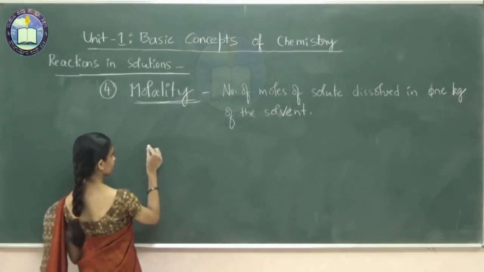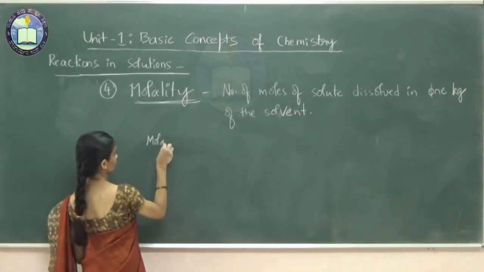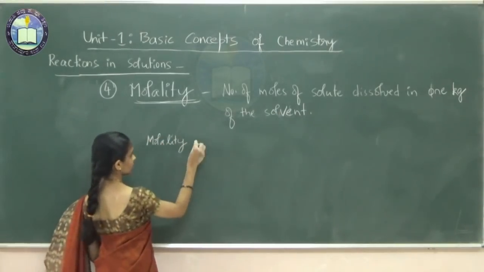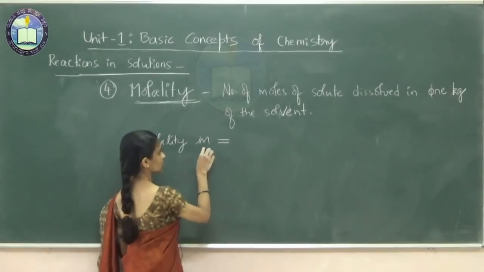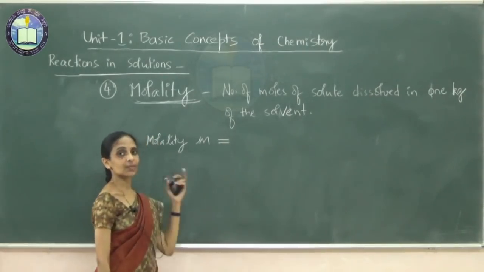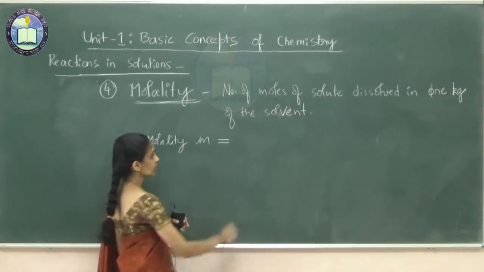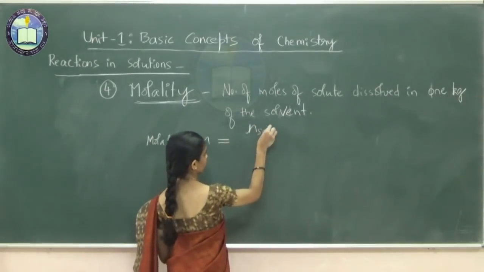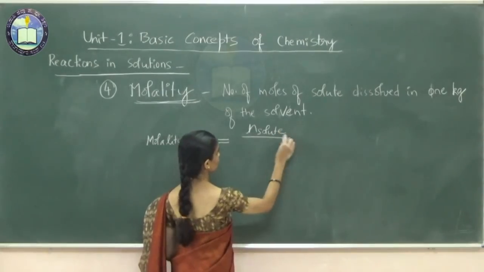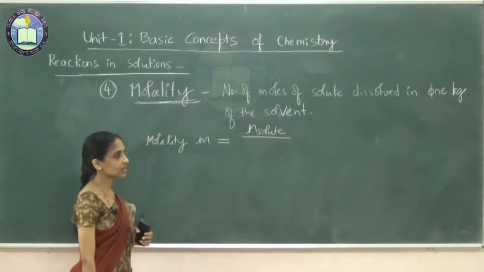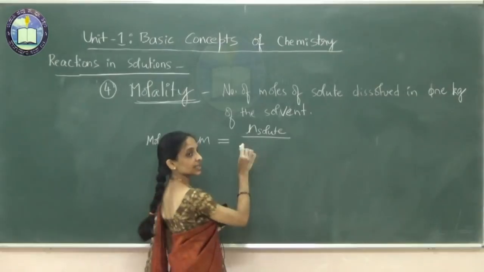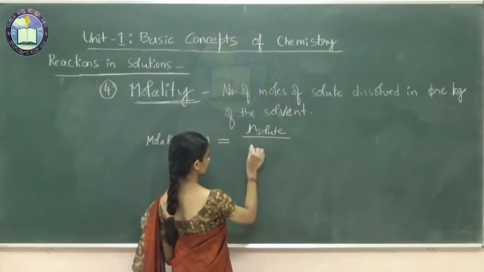Let me formulate it. Molality can be denoted by small m, capital M for molarity, small m for molality. The numerator remains the same, moles of solute, divided by a different denominator.